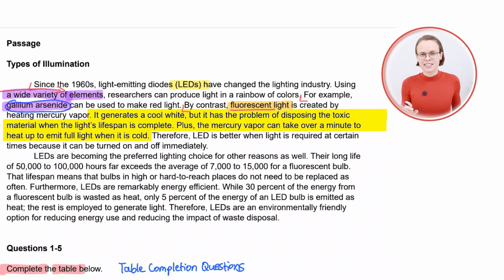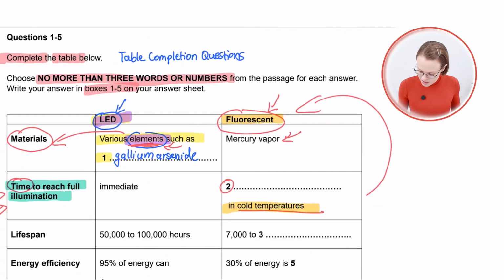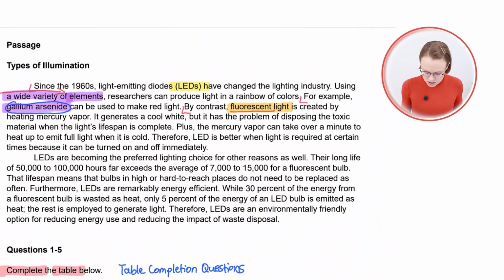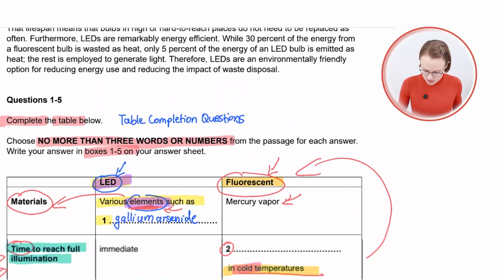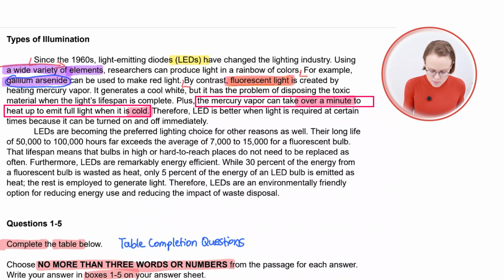cold. This sentence is super interesting because here it says in cold temperatures, and the passage mentions the word cold here. And also this is about fluorescent light, so we are in the correct category here, and it's about a time because the sentence says the mercury vapor can take over a minute to heat up to emit full light when it is cold.